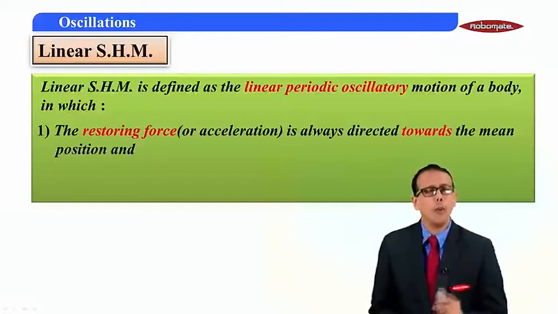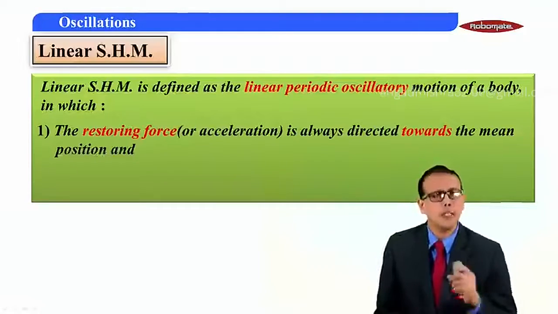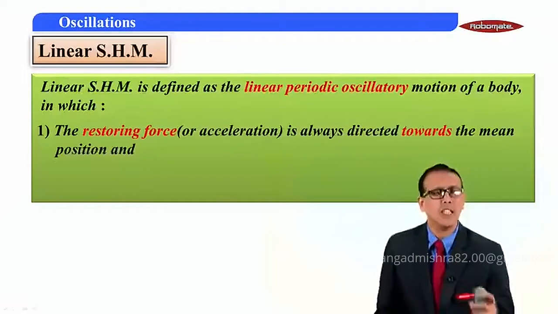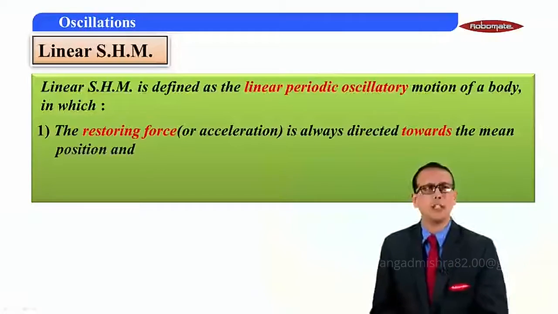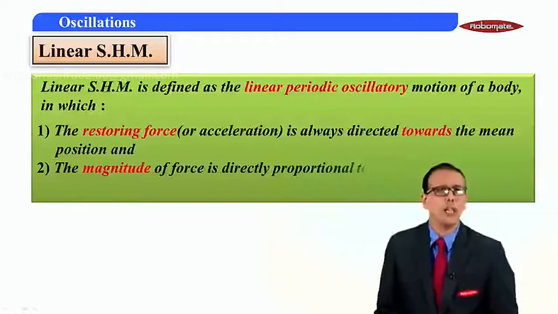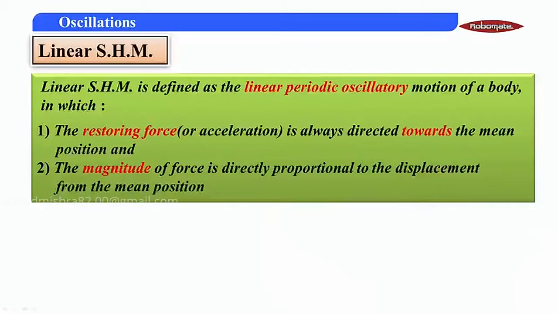We know from Newton's second law of motion, F is ma. Since m is constant, F is proportional to a. Therefore, force and acceleration are always in the same direction. And the second point, the magnitude of the force is directly proportional to the displacement of the particle from its mean position. So, while defining linear SHM, we should clearly remember these two points.